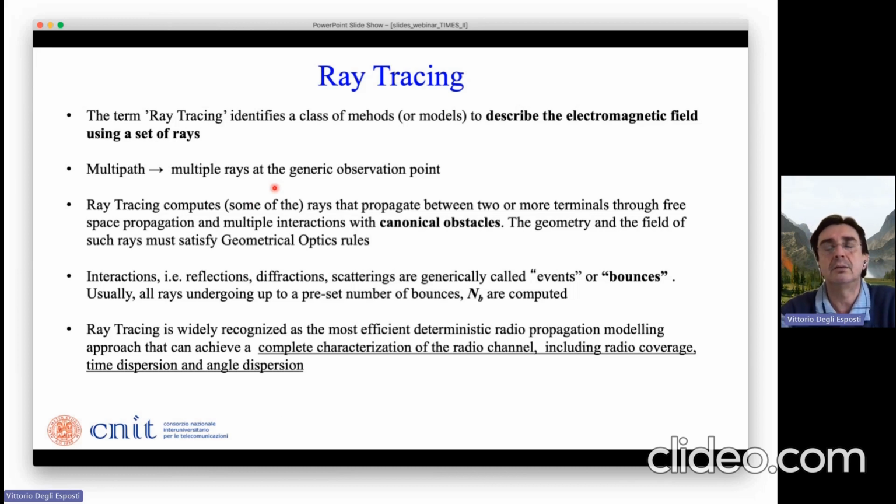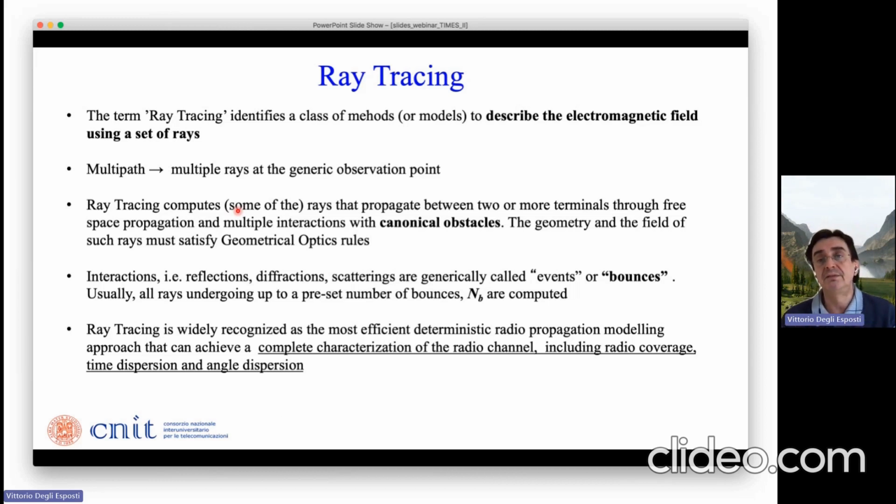Since at the observation point we have multipath in general, multiple rays must be found by the ray tracing algorithm. So ray tracing finds some of the rays that propagate between two or more points through free space propagation and interactions with obstacles, in particular canonical obstacles with flat surfaces and straight edges.